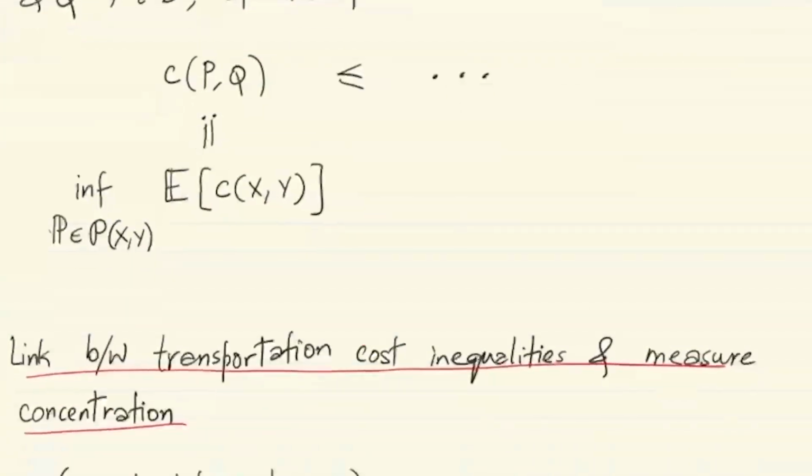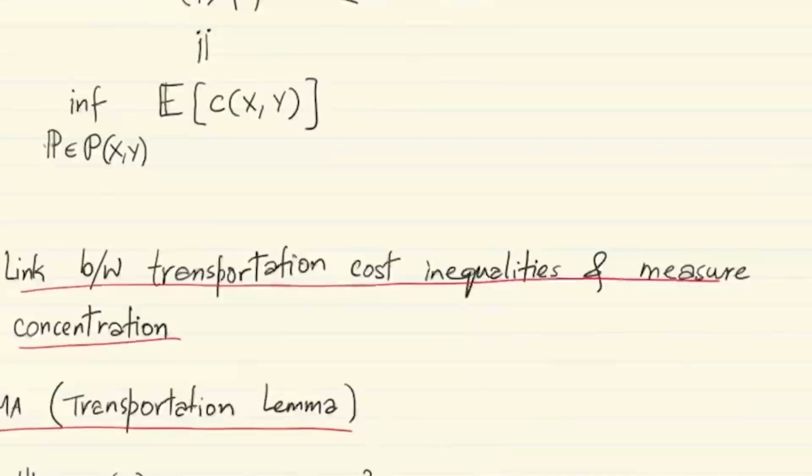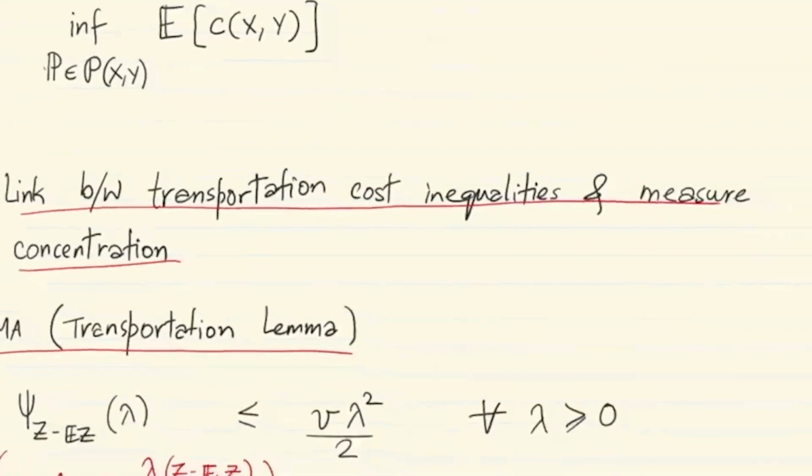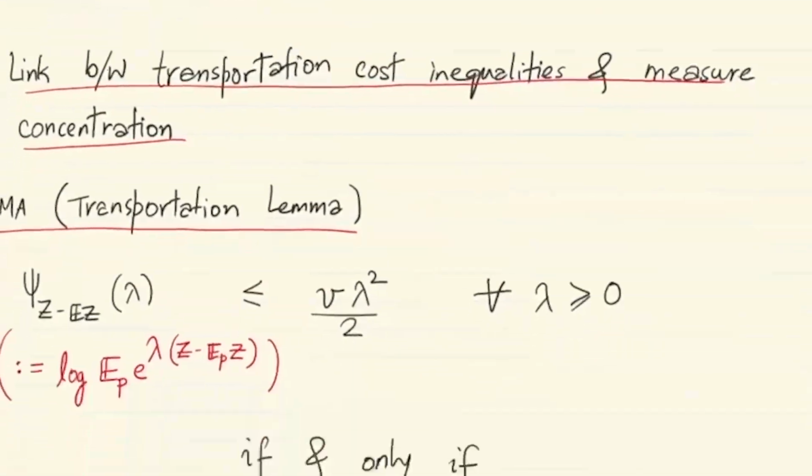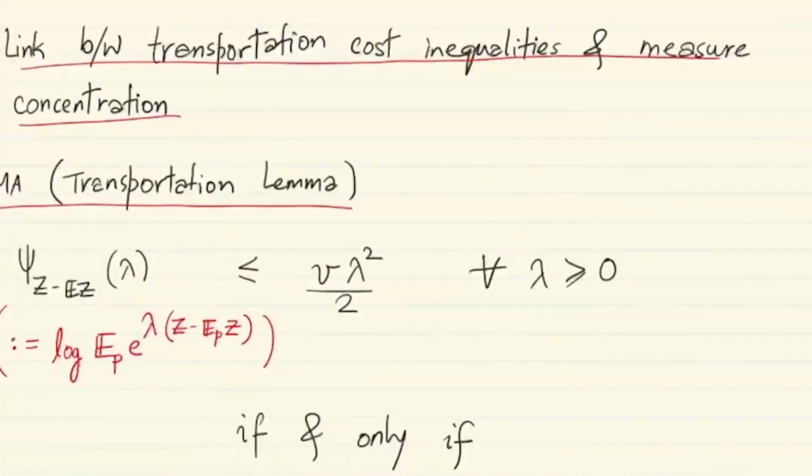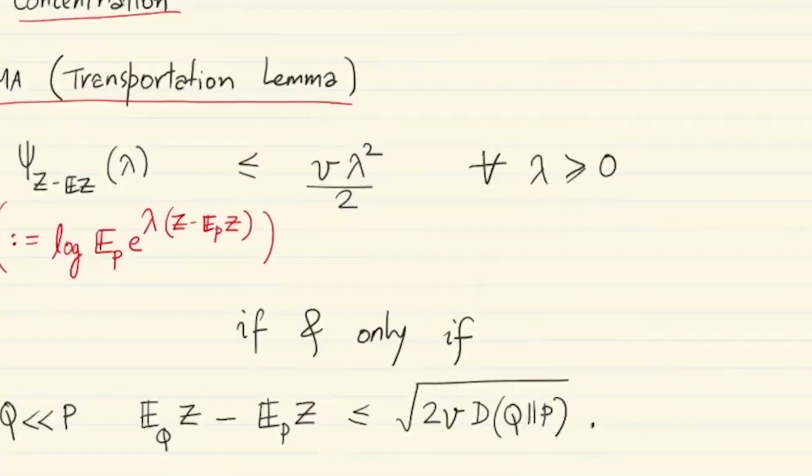So how do transportation inequalities help lead to results on measure concentration? The core part of this is the following result, which one can call a transportation lemma.